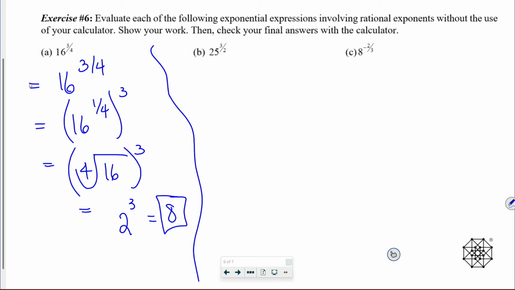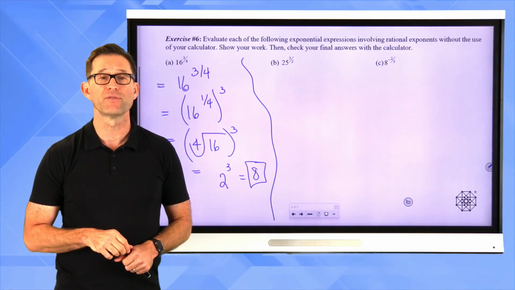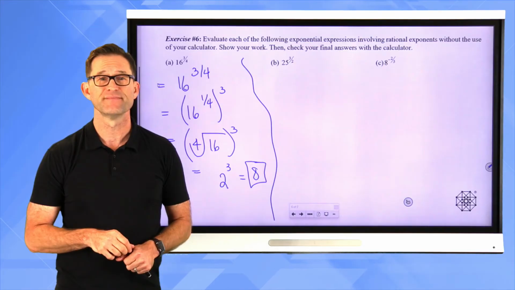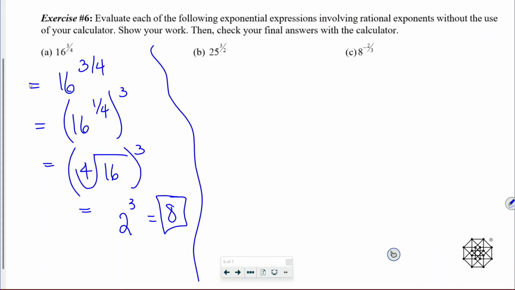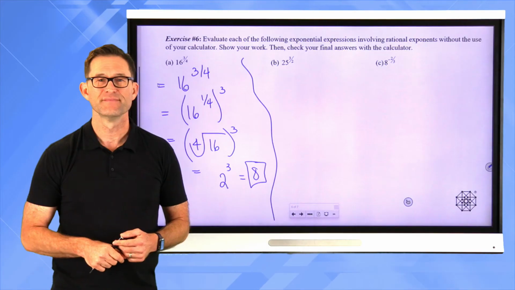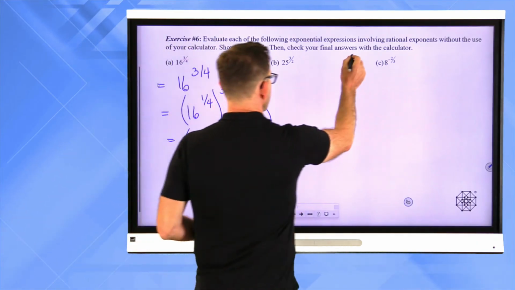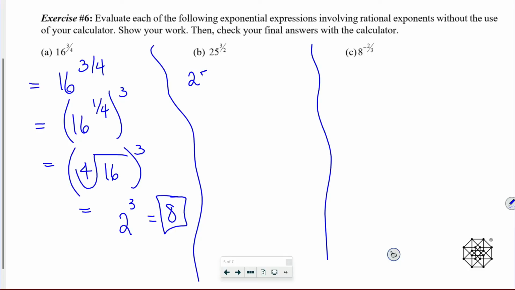25 to the 3/2. All right. Well, why don't you pause the video now and see if you can figure out what 25 to the 3/2 is. All right, well again, let me just write it a little bit bigger. 25 to the 3/2, I'm going to say is the same as 25 to the 1/2 cubed.